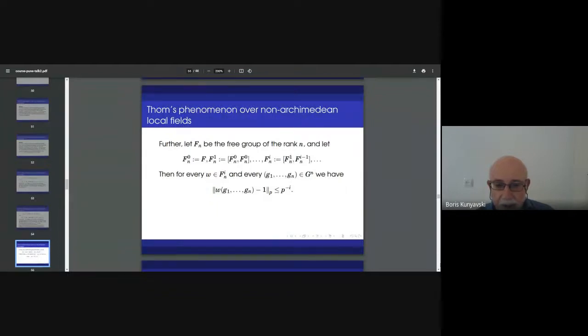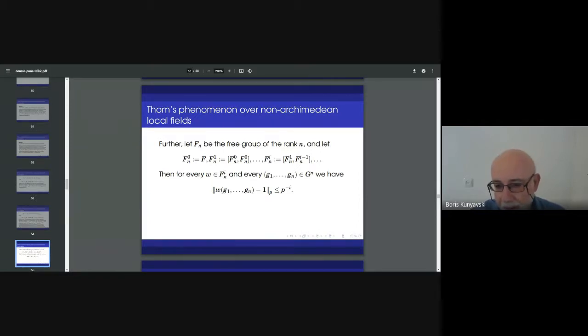And now take W deep enough. So I consider the filtration on our free group. Informally, if our W is a sufficiently long iterated commutator, then we have the inequality which is written here. So this is an exact analog of Thom's phenomenon.